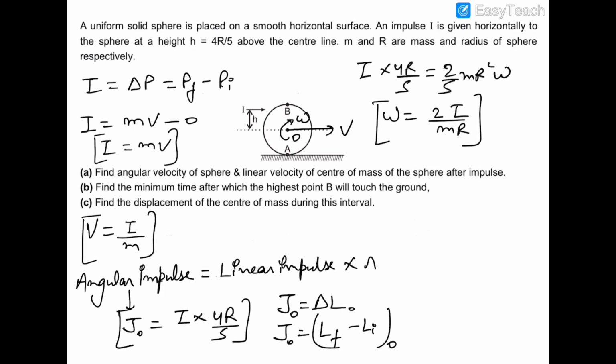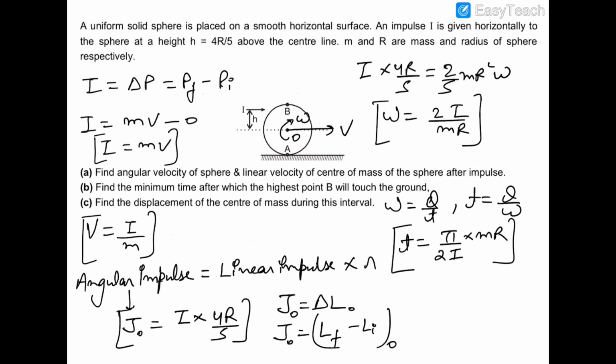So omega is equal to theta upon t, and t is equal to theta upon omega. So t, the time when the point will touch the ground, will be pi upon omega, which is pi mr upon 2I.